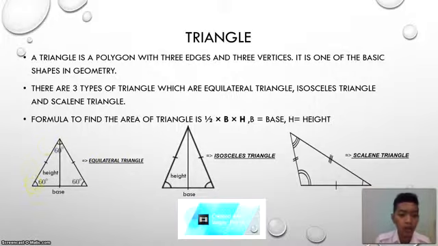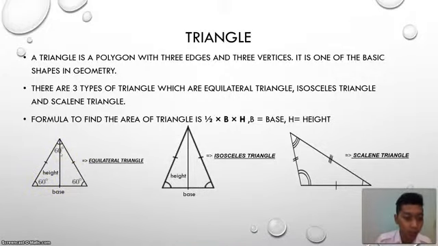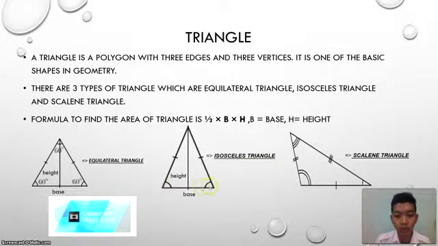For the equilateral triangle, the angles of the triangle are the same, and there is the height, and this is the base. For the isosceles triangle, the triangle has two sides the same at the base.